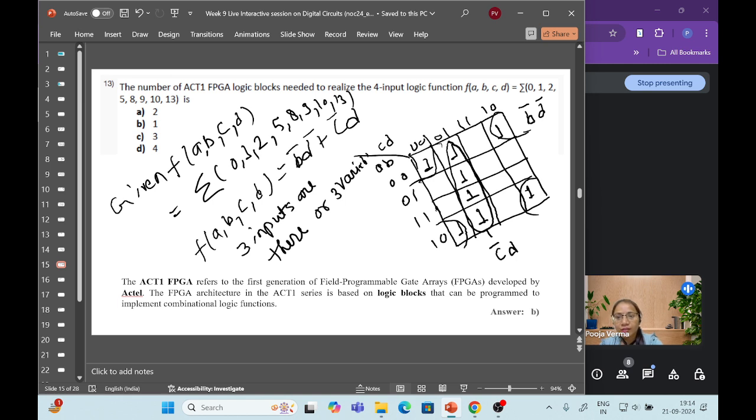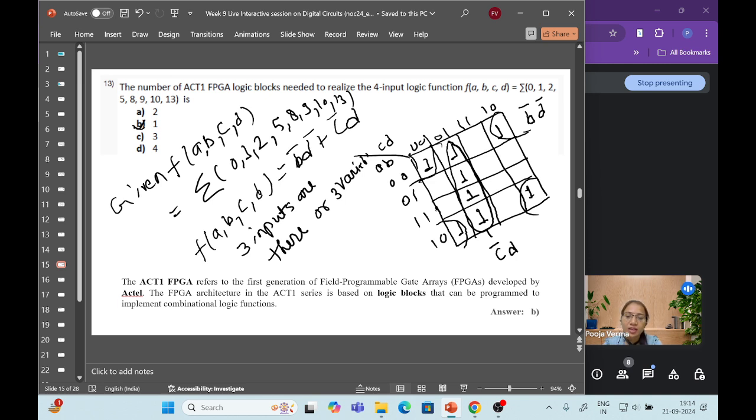So the Act 1 FPGA logic blocks are built by lookup tables only. In Act 1 FPGA implementation, each logic block contains a lookup table that can implement a function of 4 variables or 3 variables. So here only one 4 input lookup table, or Act 1 FPGA logic block, is required, because here only 3 variables we are getting.